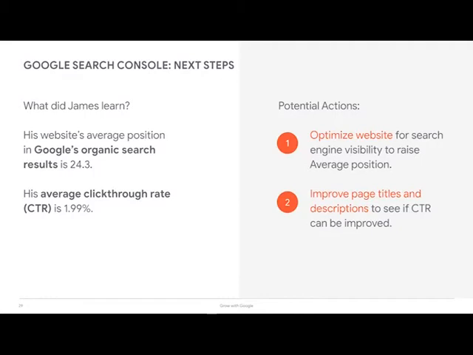His potential action could be to do some SEO on his website, to optimize it for search engine visibility. He wants to raise that average position to rank higher in the search results for the type of pizza he's offering. His is a wood-fired gourmet pizza, and those might be search terms and keywords that he's using. He wants to rank higher for those.